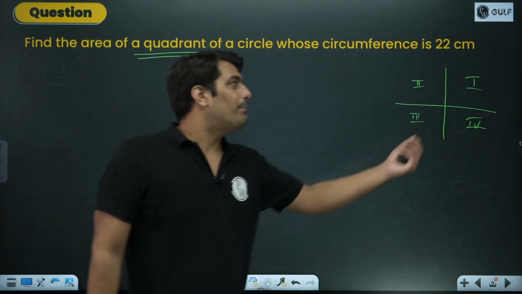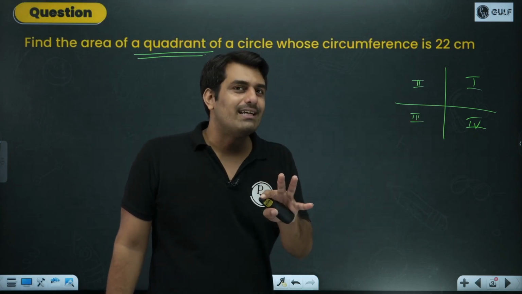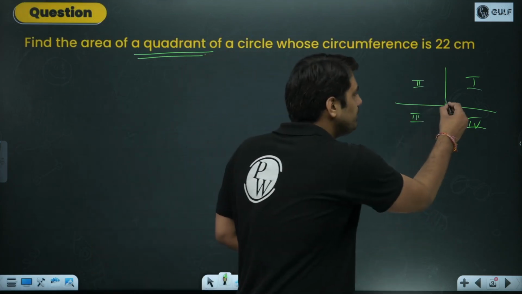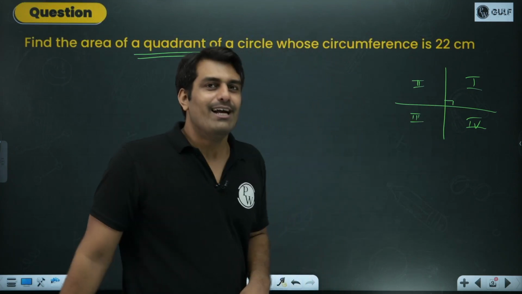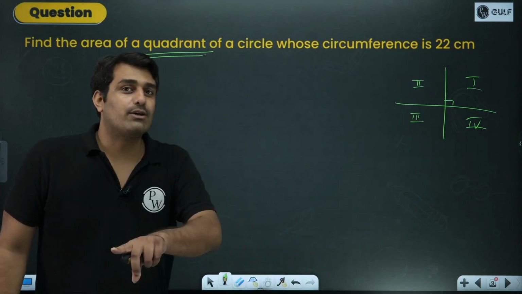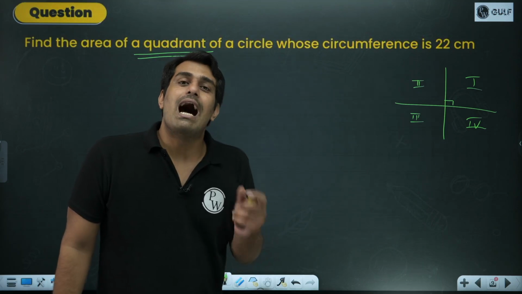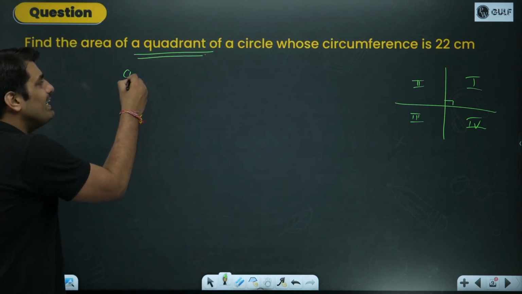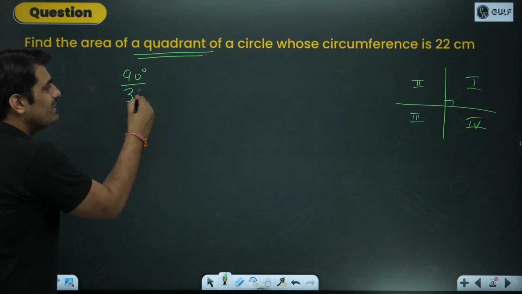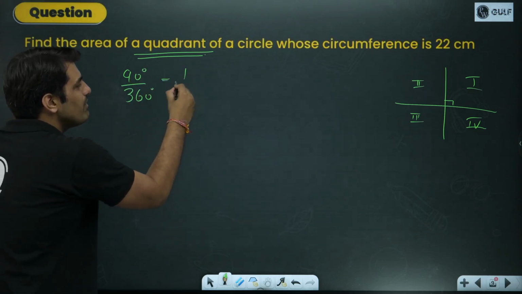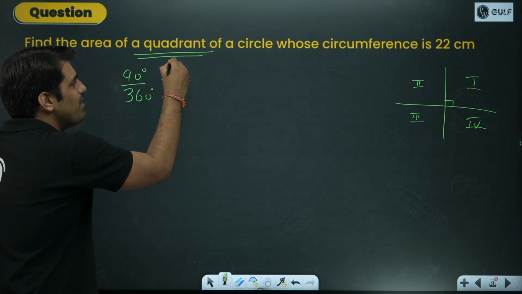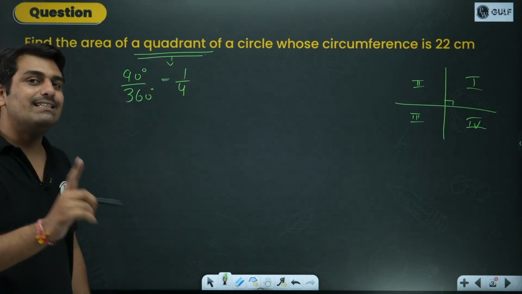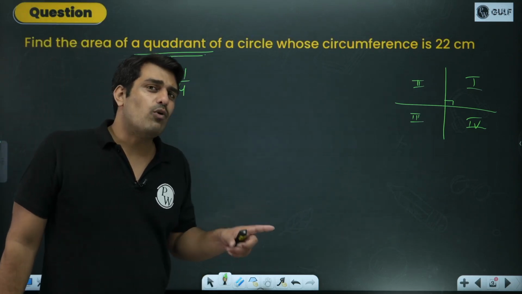The entire plane was divided into 4 parts, and each part was made up of a 90-degree angle. Quadrant is nothing but 1/4. How 1/4? You can easily observe 90 degree by 360 degree is equal to 1/4, and quadrant is exactly 1/4.